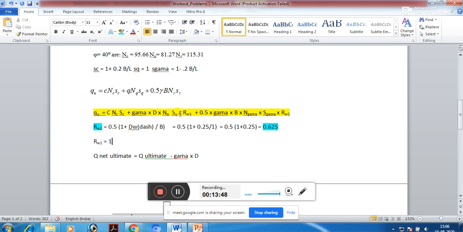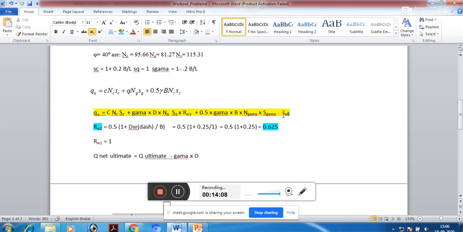Now just simple calculation. So you know C, you know the value of NC, you know the SC value, you know gamma, every value you know, and you know what RW1 and RW2 are. So you know the shape factors SC, SQ, S gamma. You know the values of bearing capacity factors NC, NQ, N gamma.